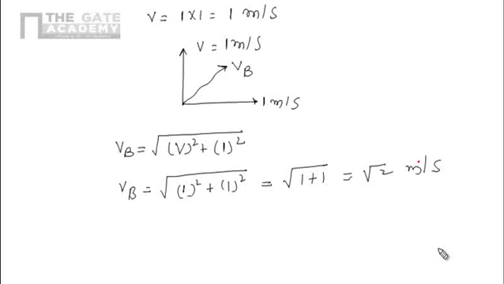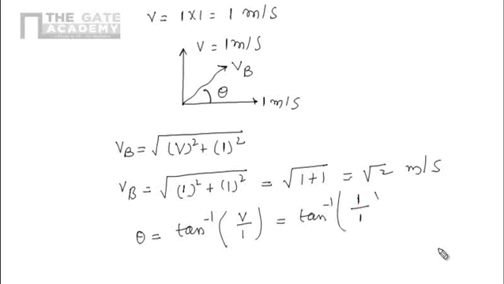But velocity is a vector quantity, so we are also interested in this angle theta, which it makes with the horizontal. So theta equals tan inverse of V by 1, which is tan inverse of 1 by 1, so theta equals tan inverse of 1.